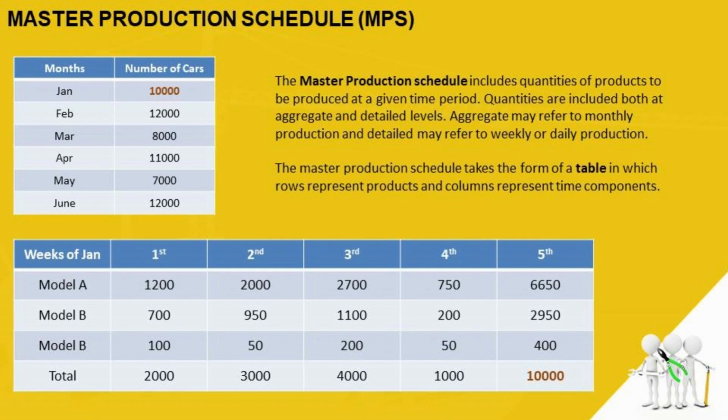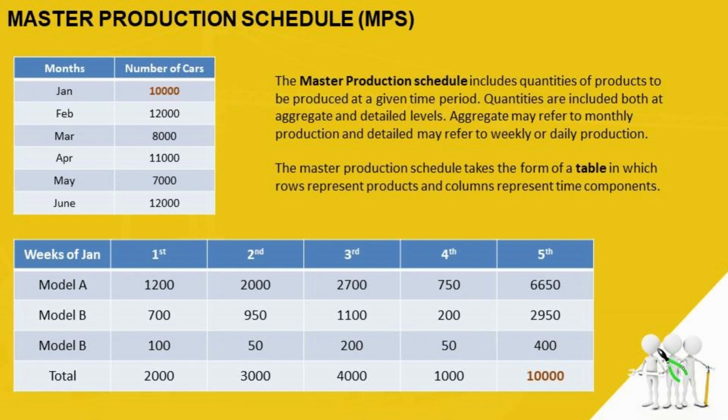This table reveals the production plan of this particular automobile company. Now the MPS, the master production schedule of this plan, will tell us how much of a particular model is to be manufactured in a given time frame. If the aggregate plan is given in months, the MPS may be divided further into weeks.